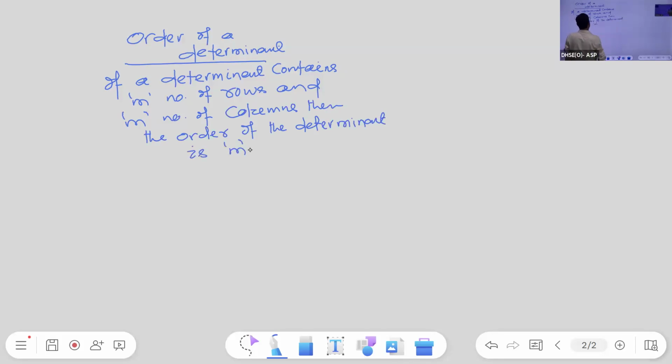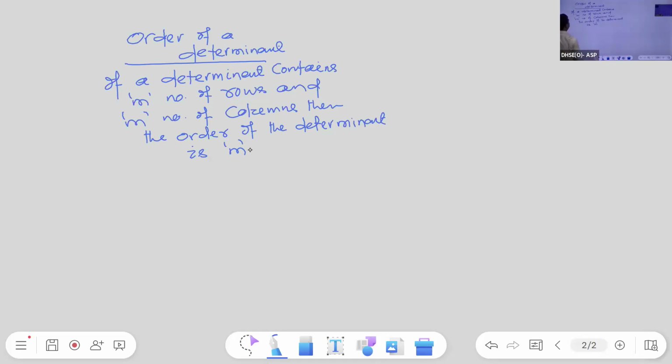If the determinant contains 2 rows and 2 columns, then the order of the determinant is 2. If the determinant contains 3 rows and 3 columns, the order of the determinant is 3. If the determinant contains 4 rows and 4 columns, then the order of the determinant is 4.